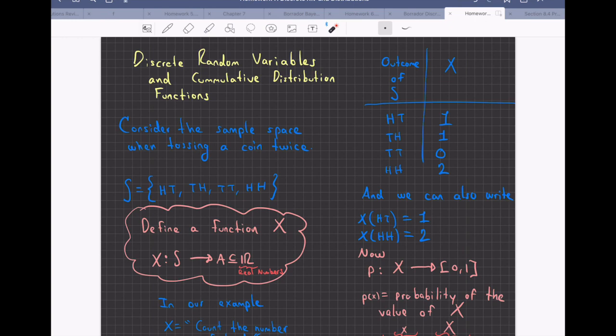The point is that we are defining a function like this, p of x equal to the probability of the value of x.